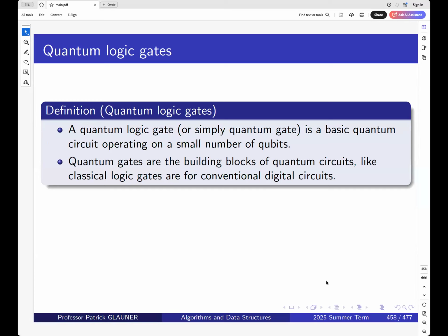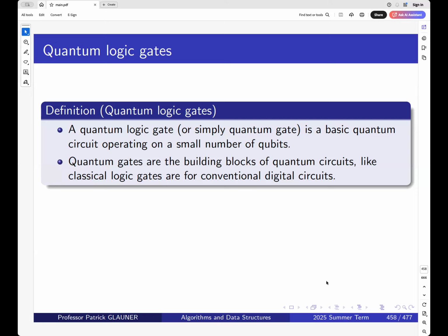As you have bits in traditional computing, you do fundamental operations on a bit. Say you can invert a bit, so 1 flips to 0 and 0 flips to 1, the NOT gate. You can have an AND gate or an OR gate. These are the fundamental operations in traditional binary computing.